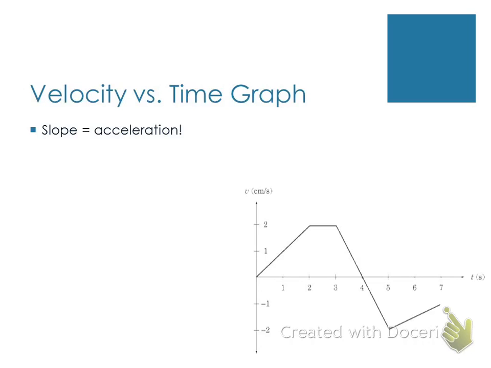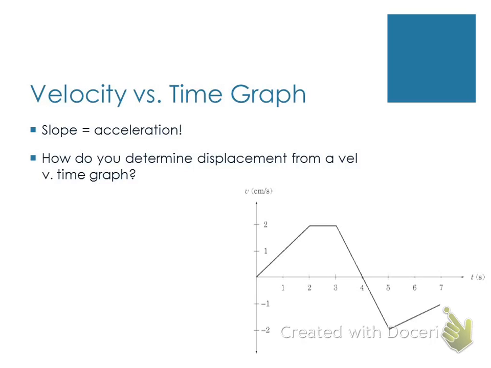So on a velocity versus time graph, this time your slope tells you your acceleration. Okay, it tells you your acceleration. So whether you are speeding up or whether you're slowing down, that's your acceleration. Okay, so we can also tell displacement. We can tell how far something has traveled from a velocity versus time graph.